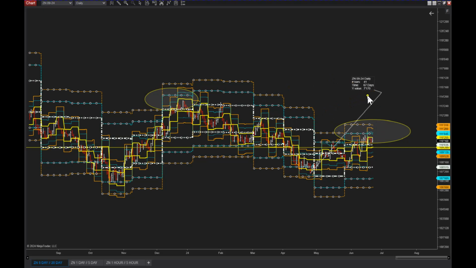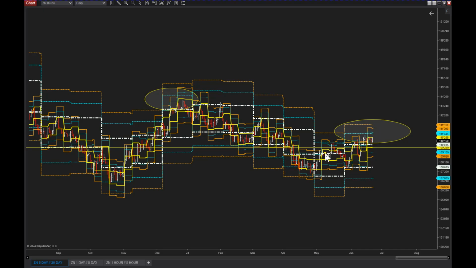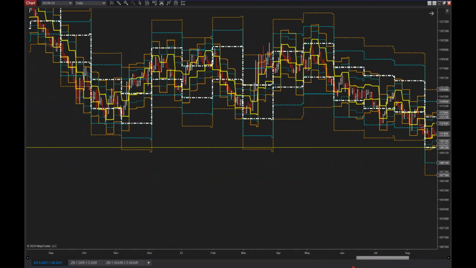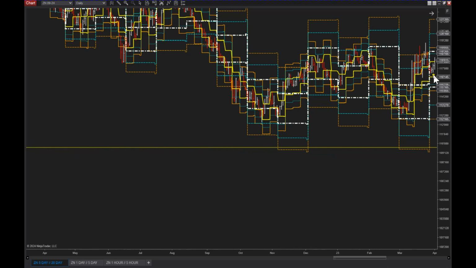So to keep that thesis of lower rates and that October low holding, we can look at the lower time frames. Remember, we have been going down forever because rates have been going higher.